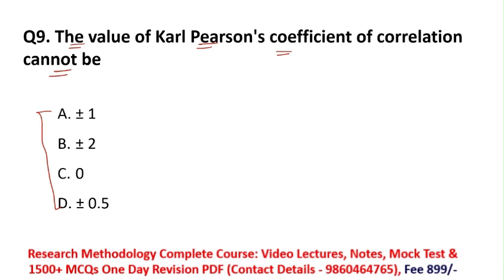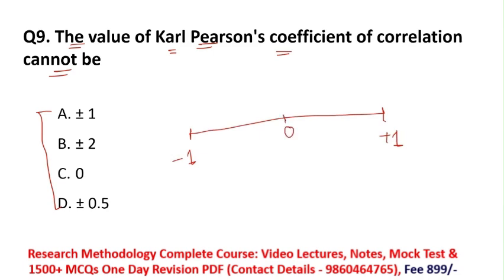Remember, in correlational research there is a coefficient called Karl Pearson's coefficient, and it tells us whether two variables are perfectly positively correlated or perfectly negatively correlated. Karl Pearson's coefficient values lie between -1 and +1, and in the middle 0 will come.